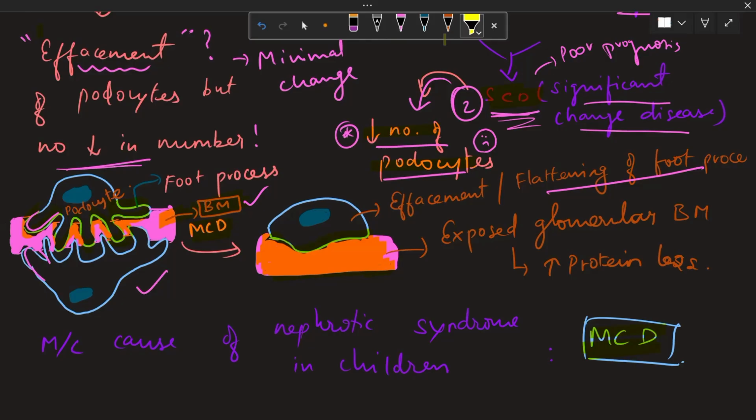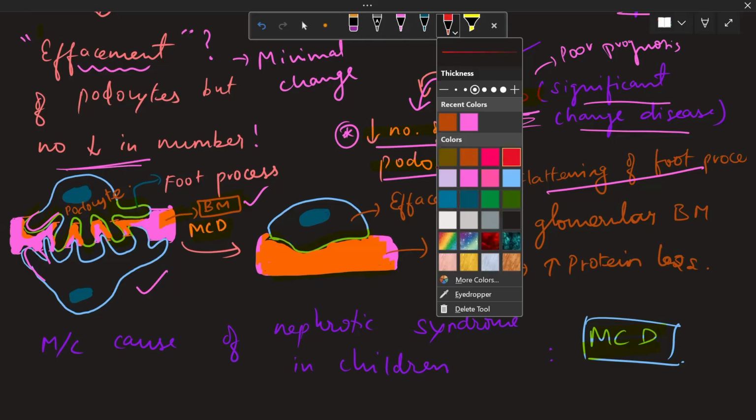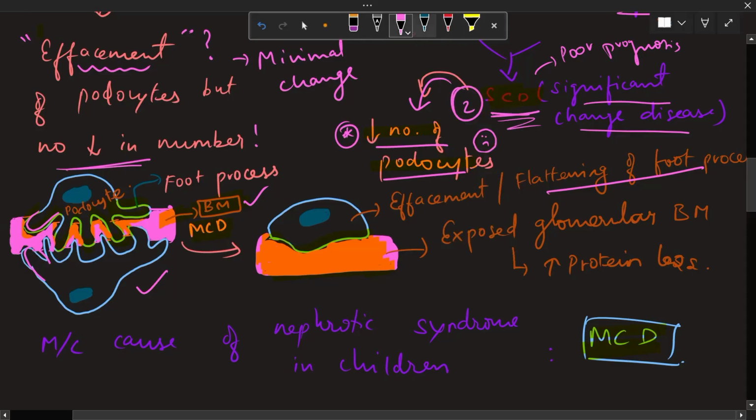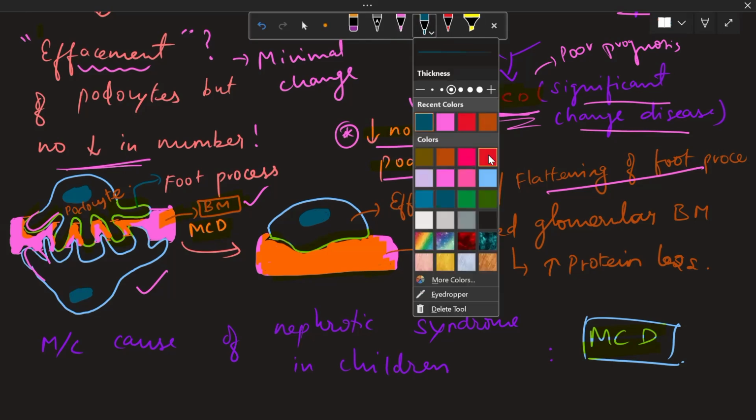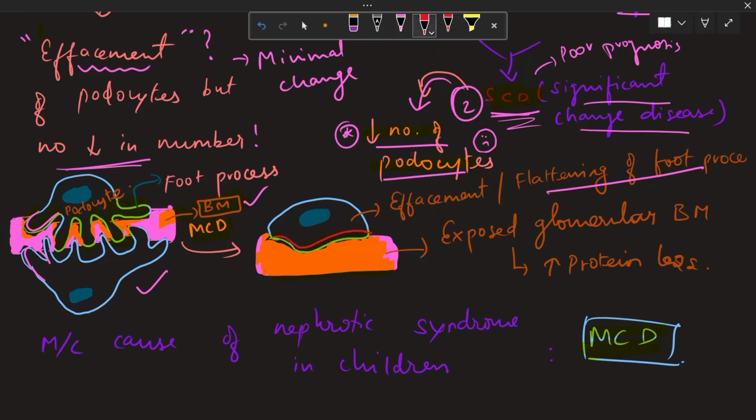So this first picture is a normal podocyte in which the interdigitation is normal and the filtration barrier is present. Whereas in case of MCD, these foot processes will get flattened. That is the term we have seen, the effacement occurs. So the foot processes will become flattened, and the glomerular basement membrane will be exposed.